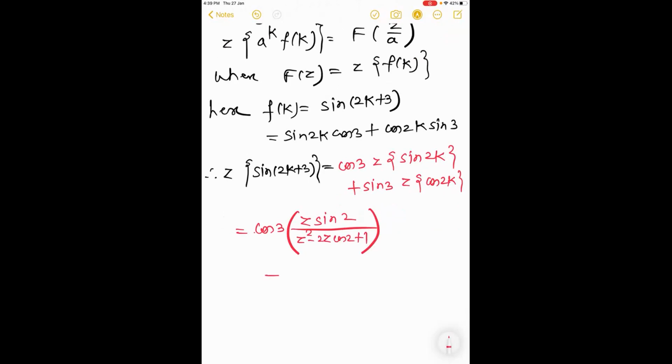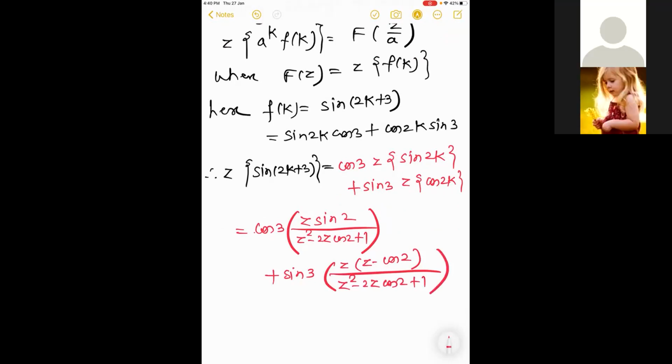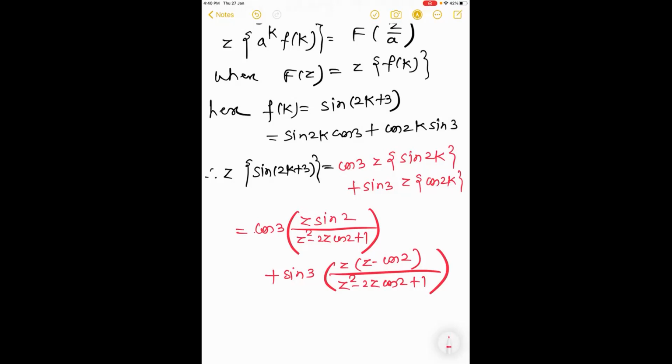And plus sine 3 multiplied by the transform of cos 2k, z into z minus cos 2 upon z square minus 2z cos 2 plus 1. Refer to the standard results of cos alpha k and sin alpha k, standard sequences. So this is the answer for fz you are getting.